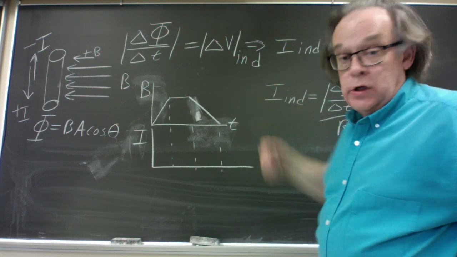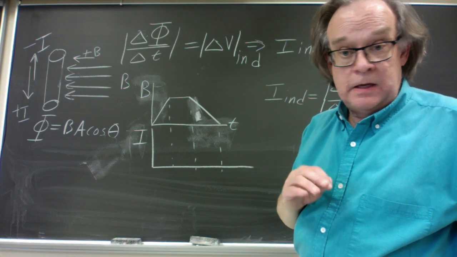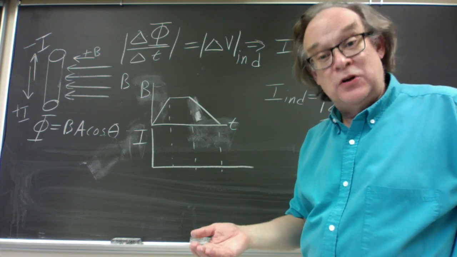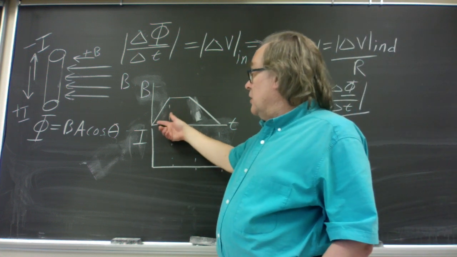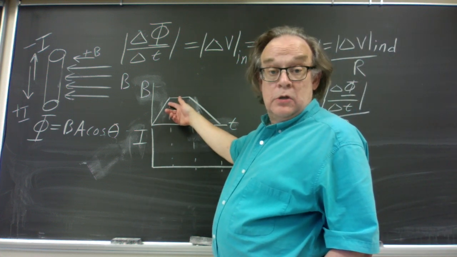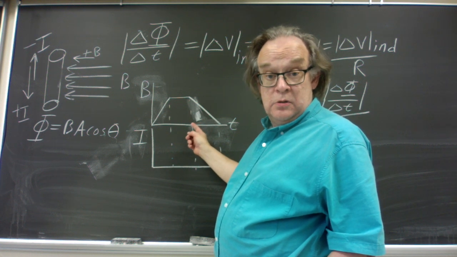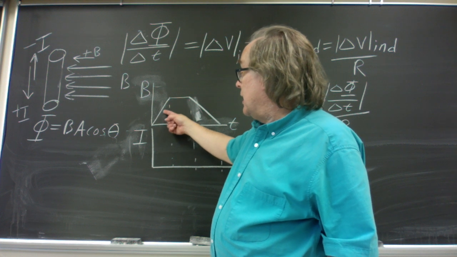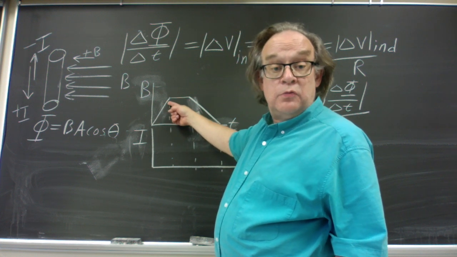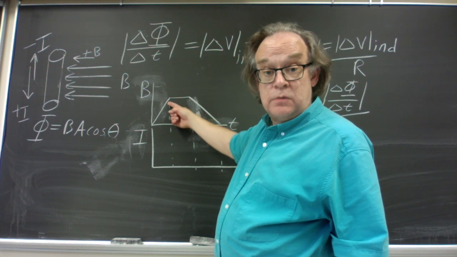Remember, in this case, it's only magnetic field that's changing, so the rate of change of flux is entirely due to the rate of change of magnetic field. And here, it's a straight line, so the rate of change of field is constant. For every step in time, the magnetic field strength increases by the same amount.